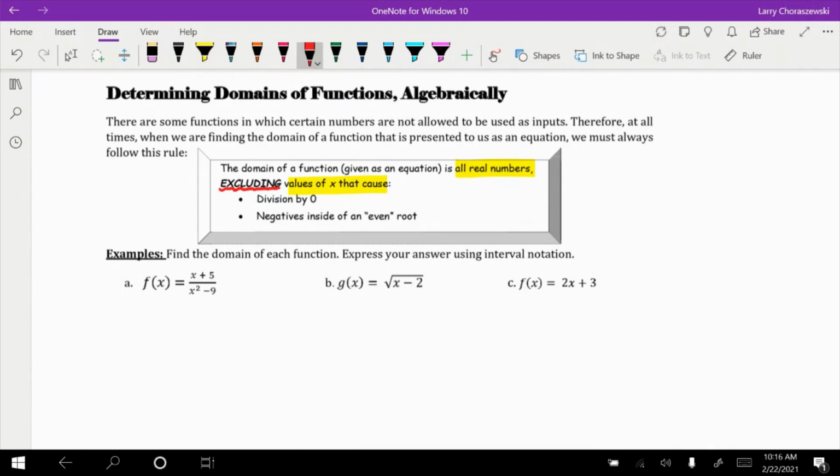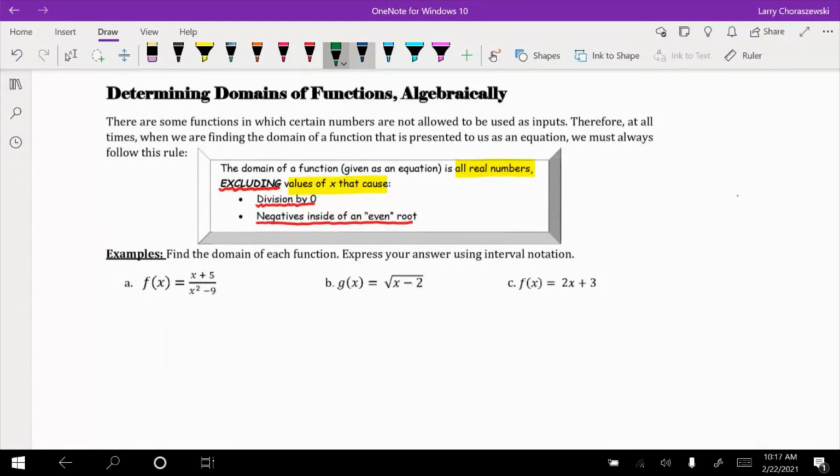Division by 0. If there are any values of x that create division by 0, we discard them. And if there are any values of x that create negatives inside of an even root, we discard those x values as well. And as soon as we've thrown out all the bad values of x, what's going to be left over from the set of real numbers would be the function's domain.